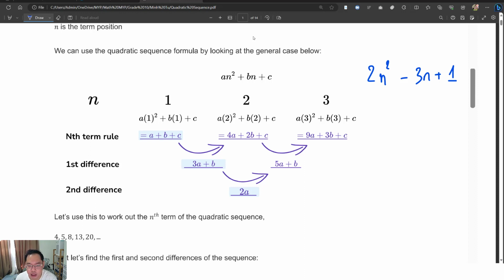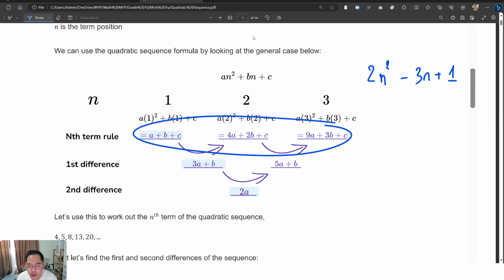Similarly, when plugging in 2 into the general explicit formula, we have a times 2 squared plus b times 2 plus c, which equals 4a plus 2b plus c. Similarly, when n is 3, we have 9a plus 3b plus c.